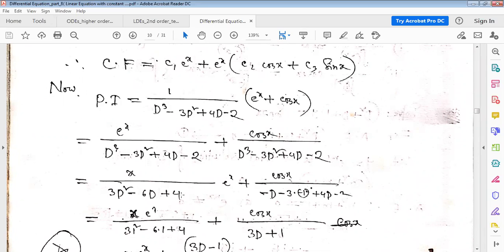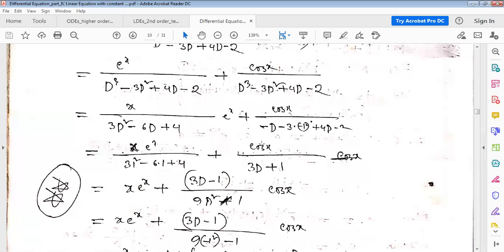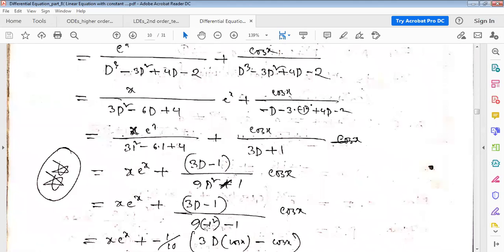Understand? Now we have to take another help, that means the differentiation method. Okay, now the coefficient of x is 1. Just D square equal to minus 1 square. Then we get this. Then making it a plus b into a minus b, that means 3D plus 1, 3D minus 1.